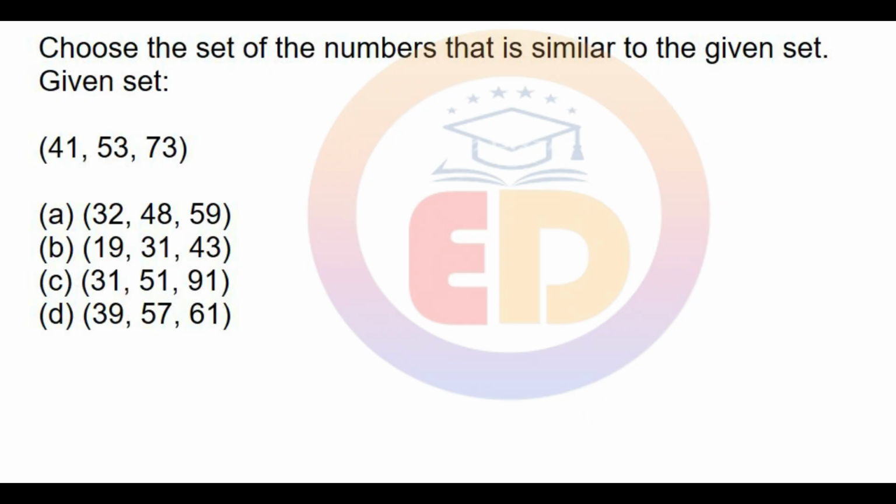Choose the set of numbers that is similar to the given set. The given set is 41, 53, 73. Now, the relationship between all these three numbers is that they are prime numbers.